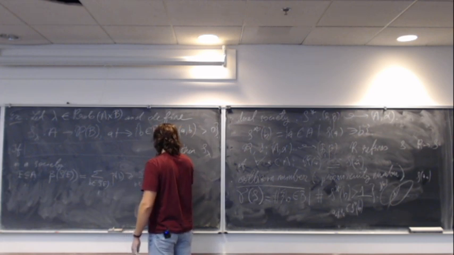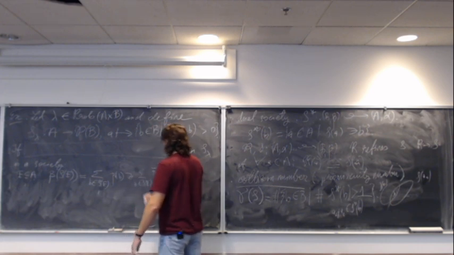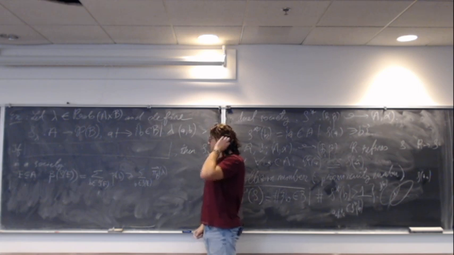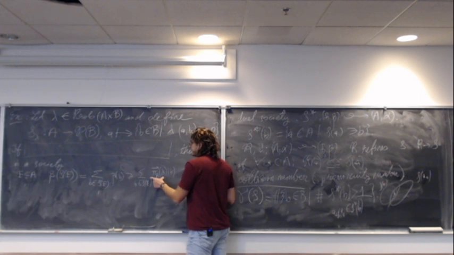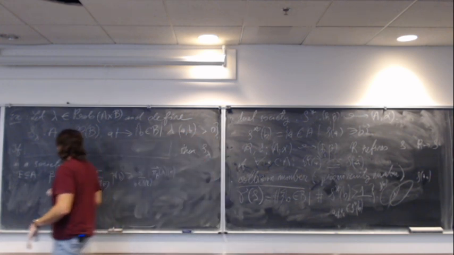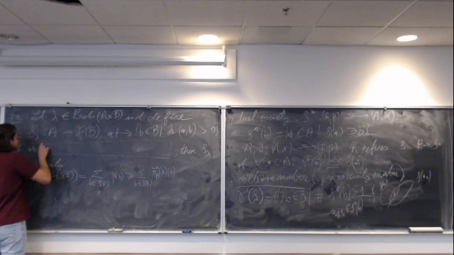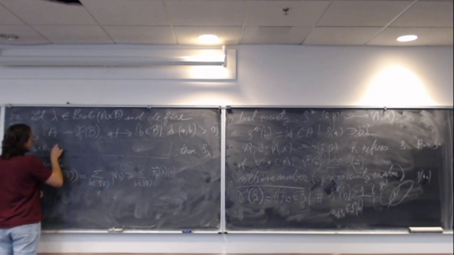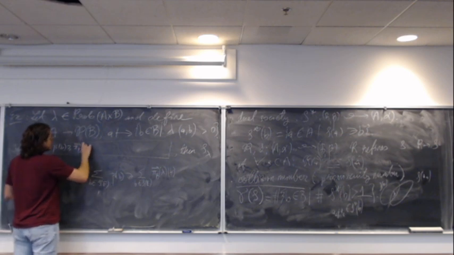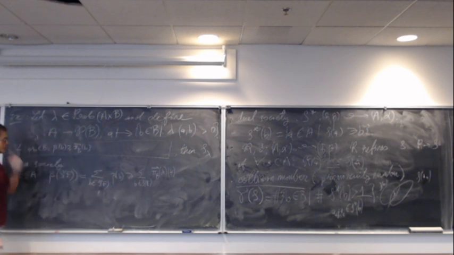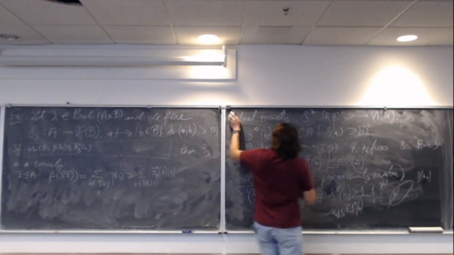Push forward of lambda to B is this. Let's say that if I were to push it forward, the weights that this push forward associates to any element in B are less. So that's going to be my first assumption. For all B in B, this, let me also perhaps write down what that means.